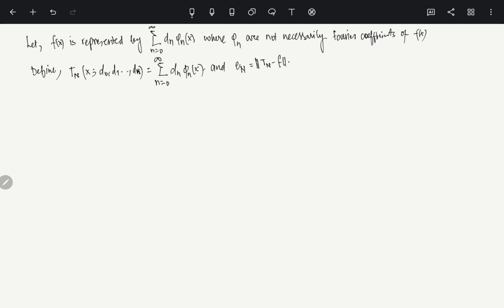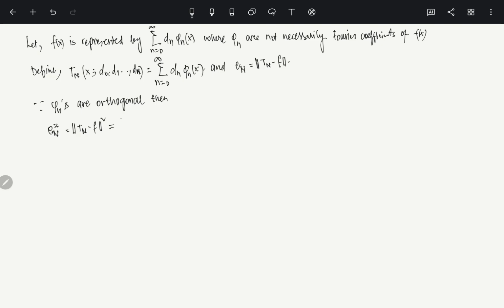We want to see what the difference, the norm of Tn minus f, is. Let's call that En and calculate it. Since the phi n's are orthogonal, what is En squared? En squared is nothing but the norm of Tn minus f, squared.